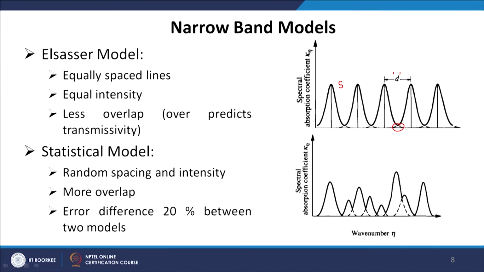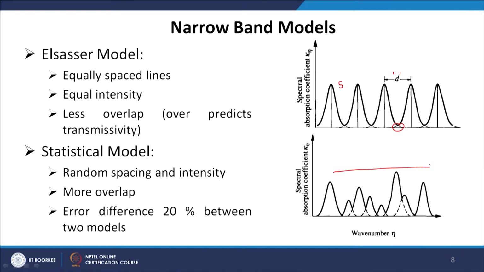Of course, there is a small overlap here. The overlap is very minimal, and it over-predicts transmissivity. So, if you do a calculation based on this model, you will get a higher heat flux compared to the actual value, because it leads to higher transmissivity. On the other hand, there is another model, the statistical model, which assumes that the lines are randomly located, with random positions given by a probability distribution.